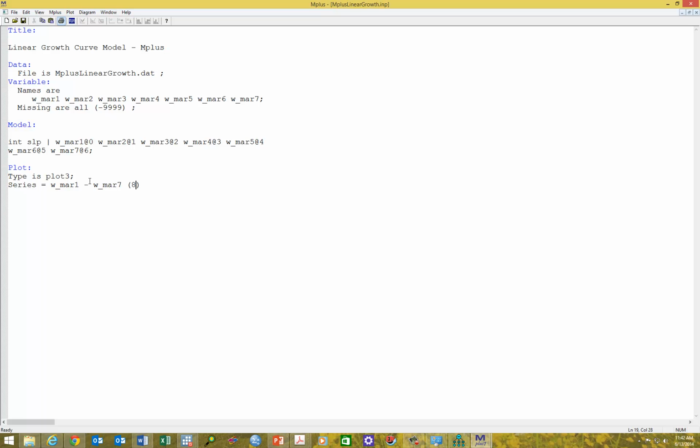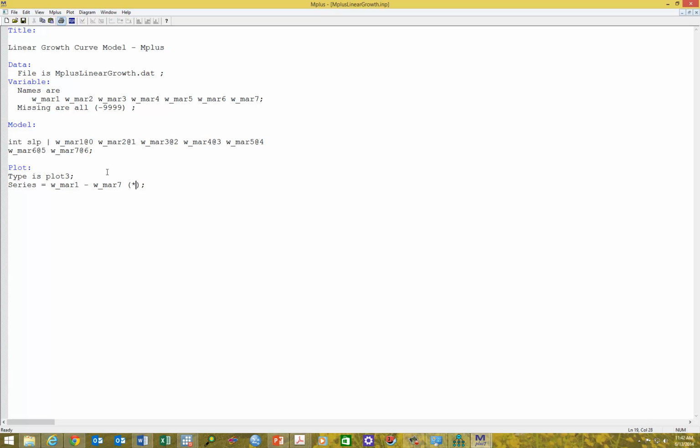And then all I need to do is put a star there. And what the star does is it simply assumes that for the x values, it's 0, 1, 2, 3, 4, 5, 6. That's the default. It simply assumes 0, 1, 2, 3, 4, 5, 6, which is typical.